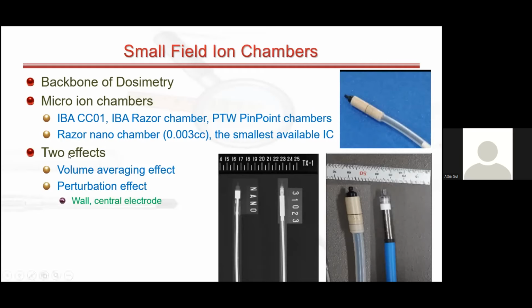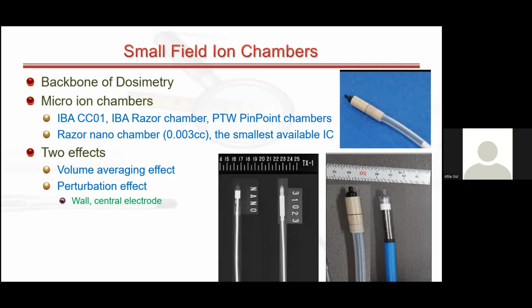It shows two effects. One is the volume averaging effect that arises due to the finite size of the detector, because it is not that sensitive, therefore it has a finite size, and due to this finite size, it exhibits volume averaging effect.